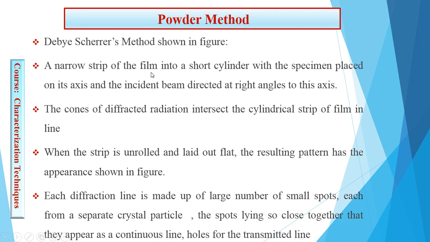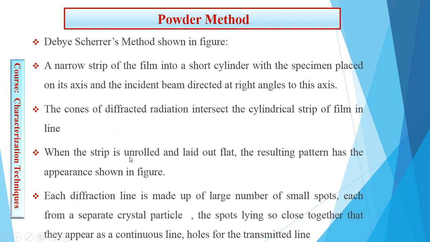A narrow strip of film is placed in a short cylinder with the specimen, meaning the powder, placed on its axis, and the incident beam is directed at right angles to this axis. The cone of diffracted radiation intersects the cylindrical strip of film in a line.